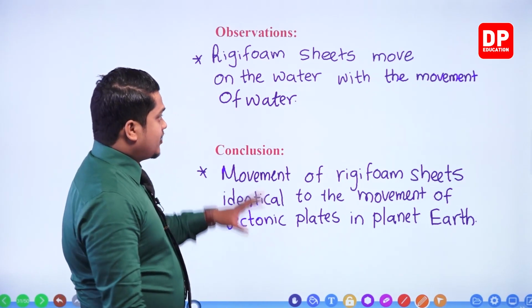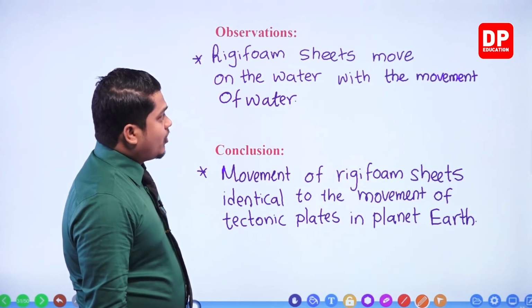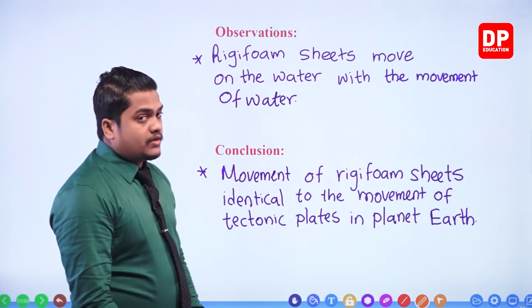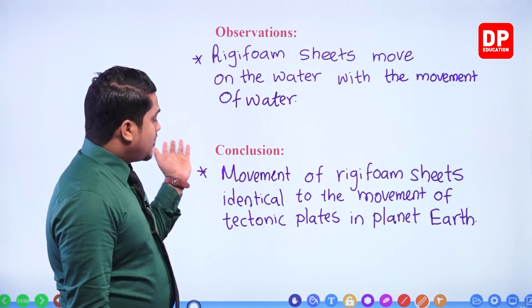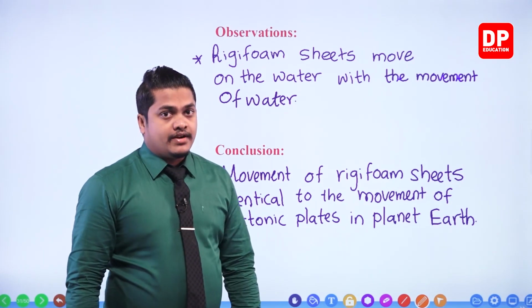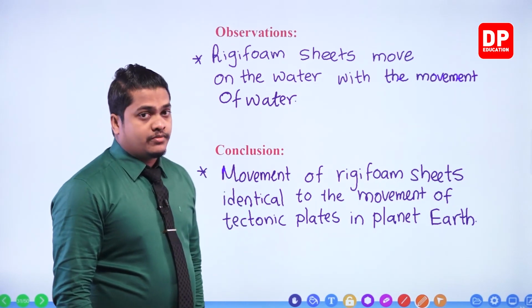Right. So with the movement of water, rigiform sheets moved on the water. So the conclusion from here is that the movement of rigiform sheets is identical to the movement of tectonic plates in our planet Earth. Okay. So this is our observation and the conclusion, my dear children.